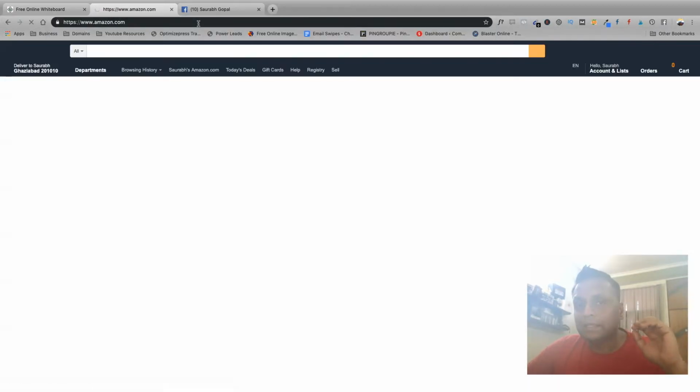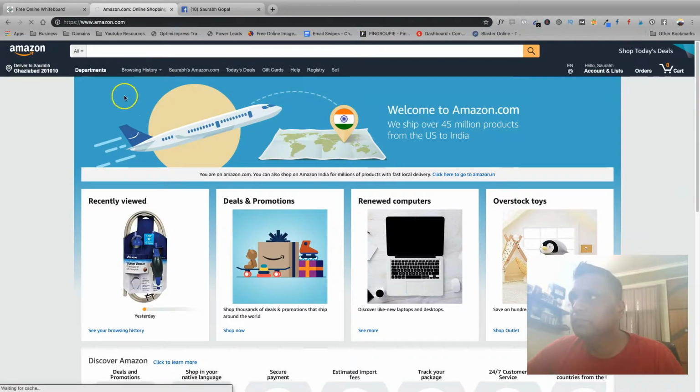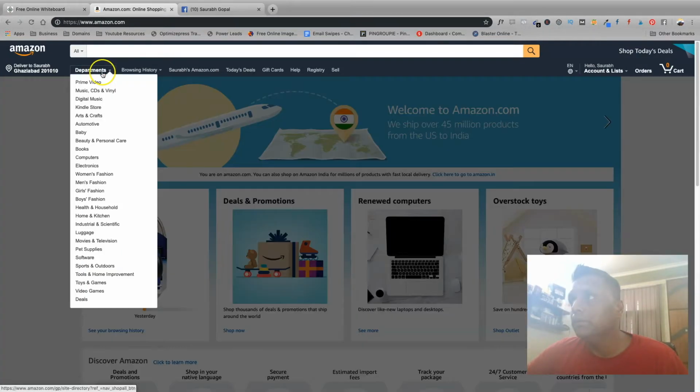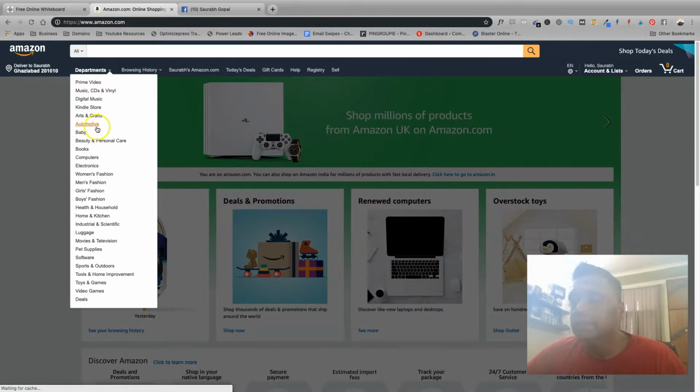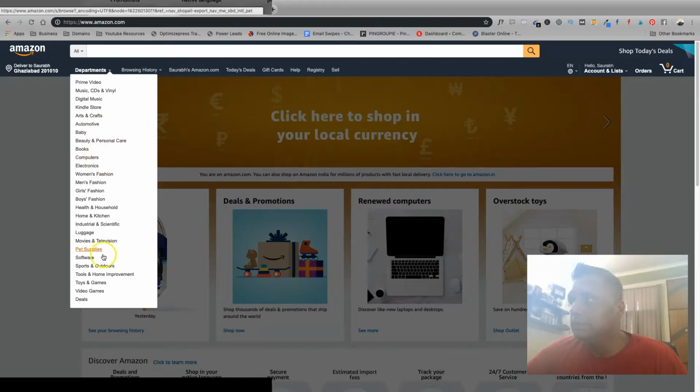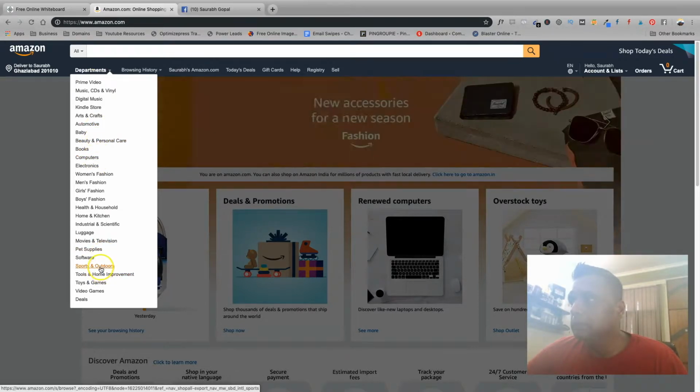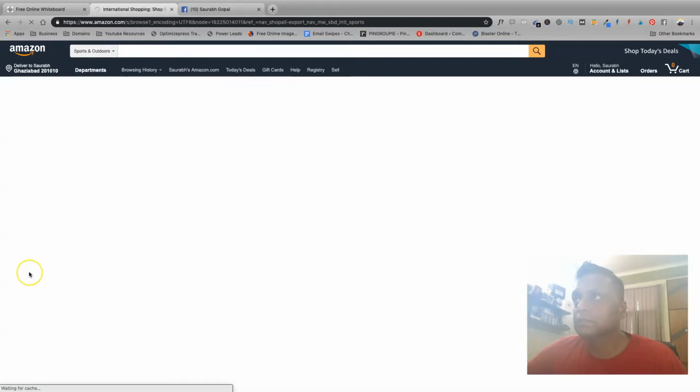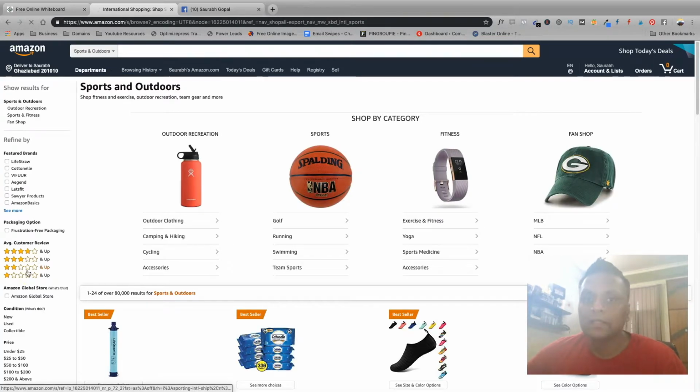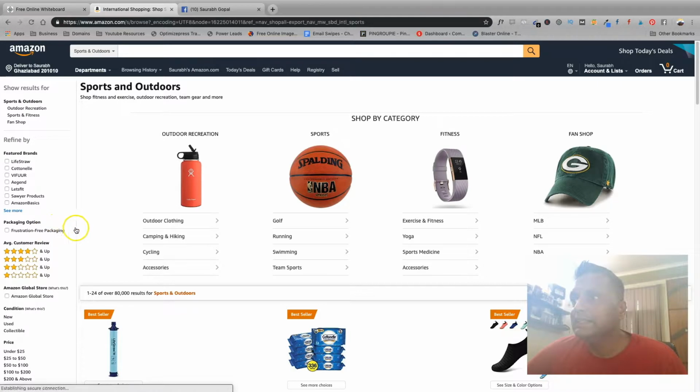So the next thing you have to do is find the product you need to promote. For that you need to go into departments, and these are all the different categories, different niches of products available at Amazon. Let's say we're going to pick sports and outdoors. This is your main broad niche, and inside that you will see different sub niches: outdoor recreation, sports, fitness, fan shop.